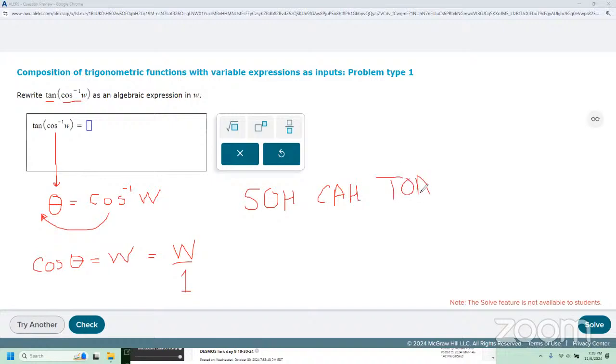Okay, so this is cosine, right? So which one am I going to use? SOH, CAH, or TOA? Which one has the cosine in it? Anyone?